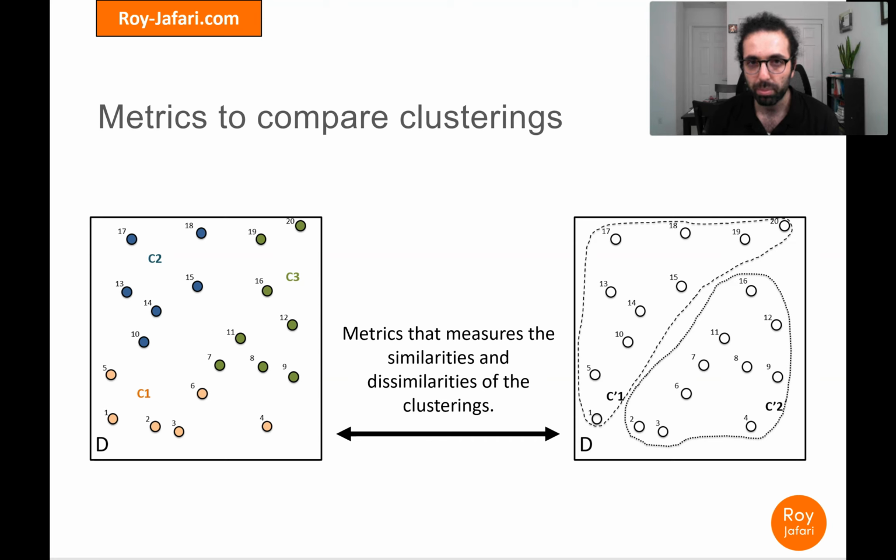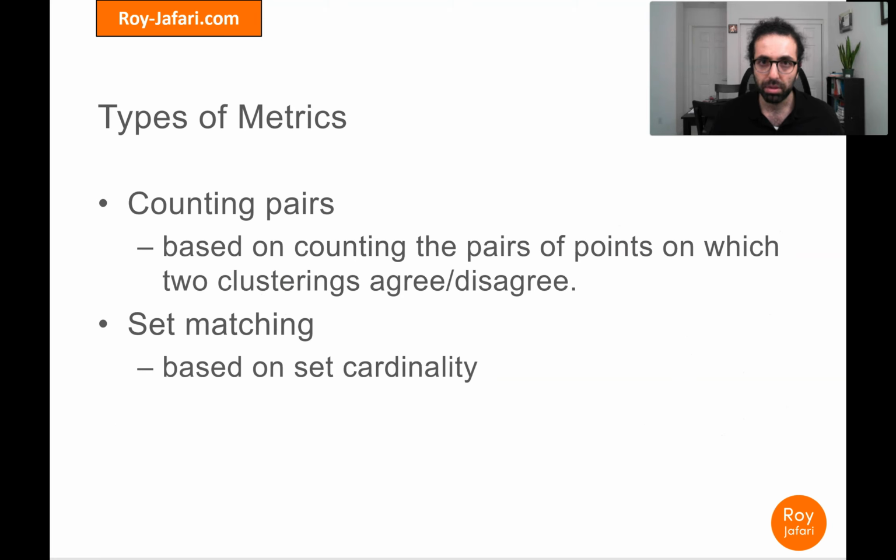We want to be able to capture the similarity between clusterings. So we've got one clustering on the left, and one on the right. We want to see how we can go about capturing the similarity between these two clusterings. There are two types of metrics that we're going to learn in this video.